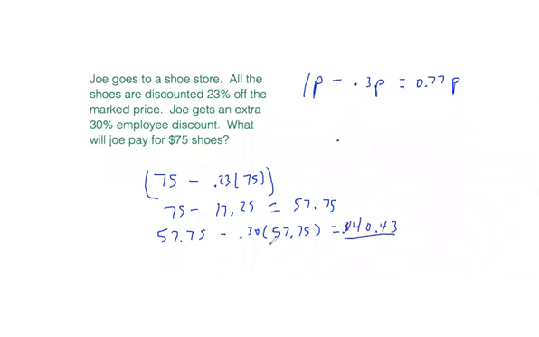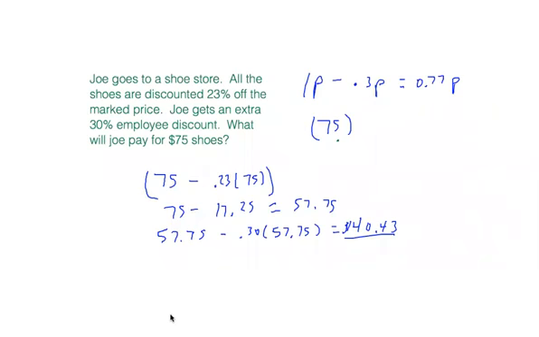Now, there we did this problem by steps, but we could have also done it like this. We could have taken our $75 pair of shoes, multiplied that times 0.23, and then times, hold on, I just made the mistake that I didn't want you to make.